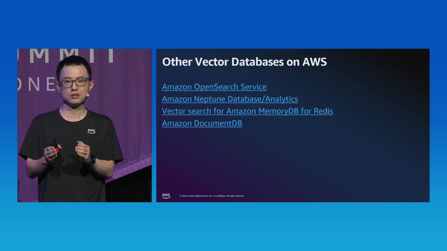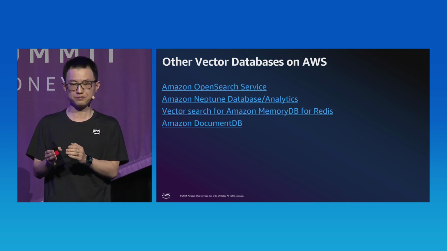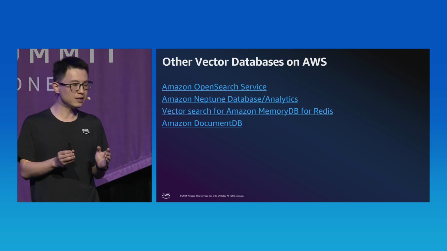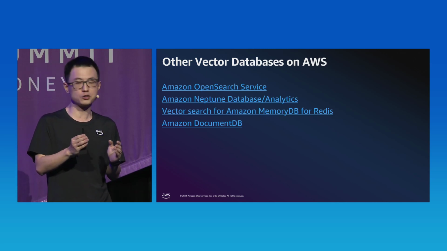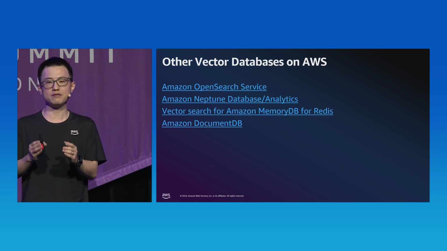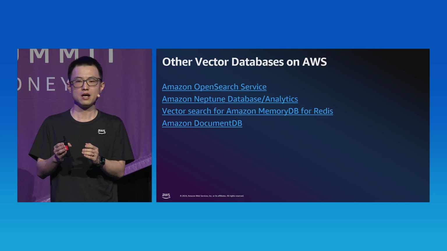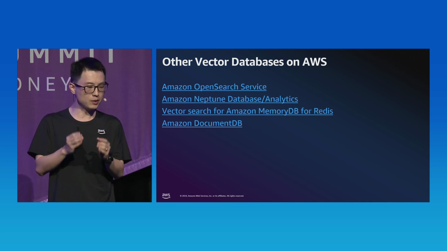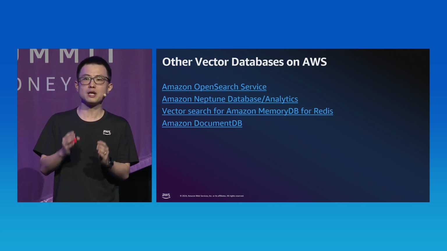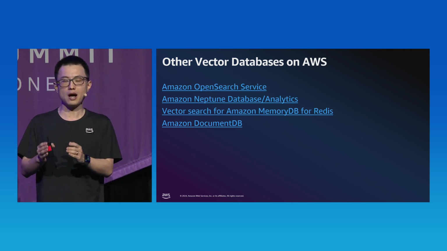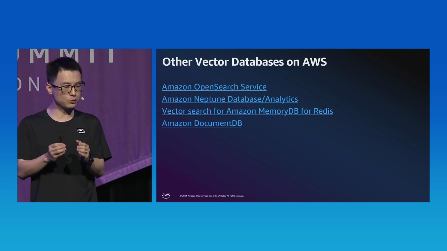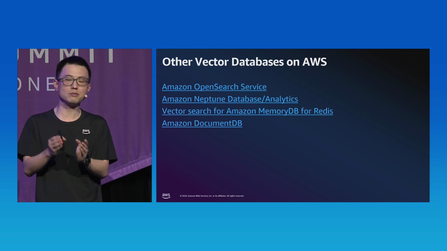For example, if you already host your data on an OpenSearch system, you can use the vector search functionality on Amazon OpenSearch Service. And if you want to do vector search on graph data, you can try the Amazon Neptune database service or Amazon Neptune Analytics.